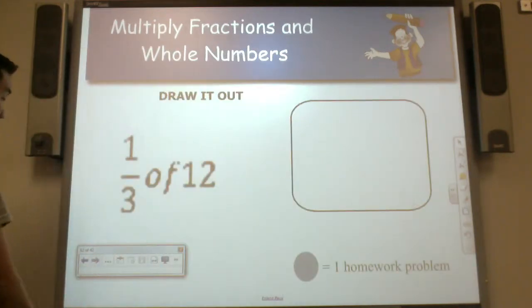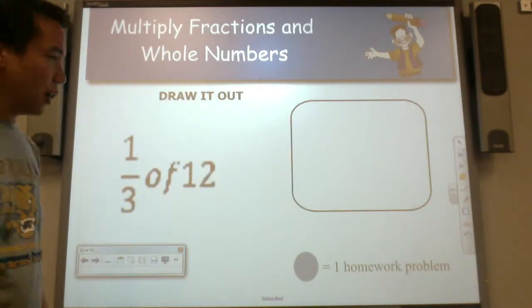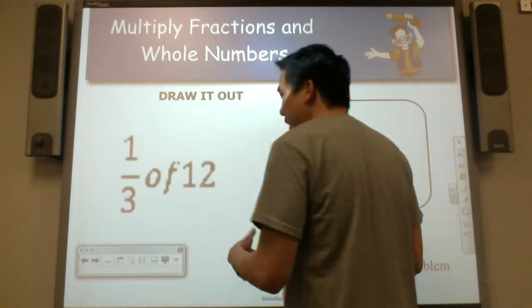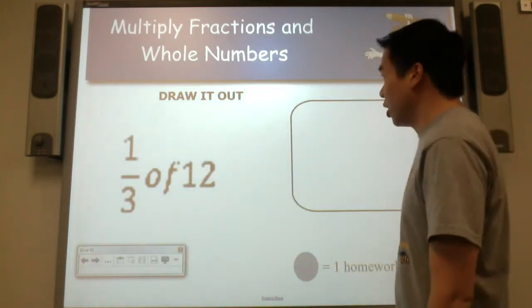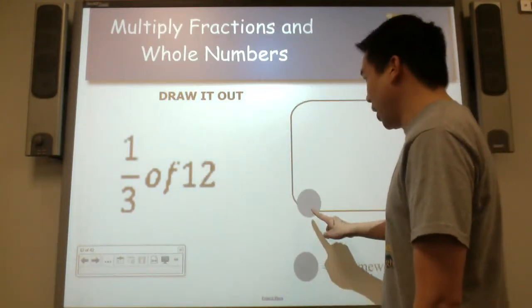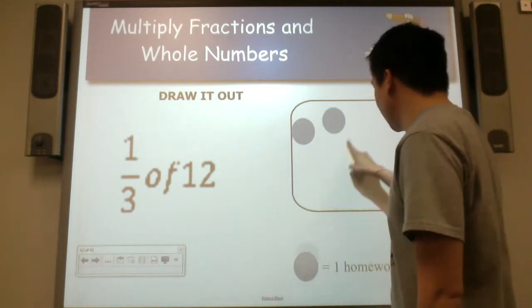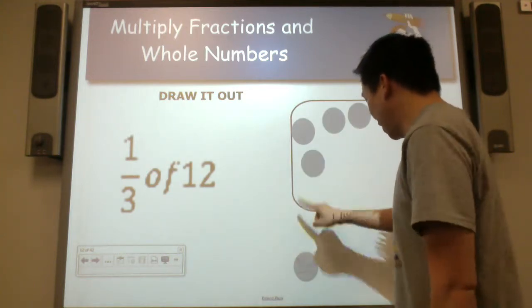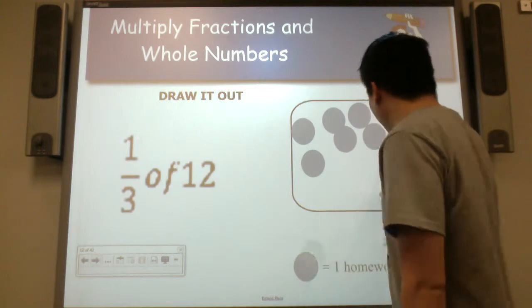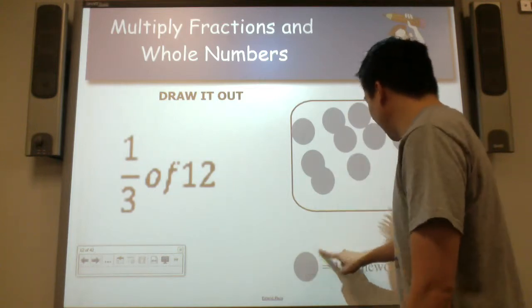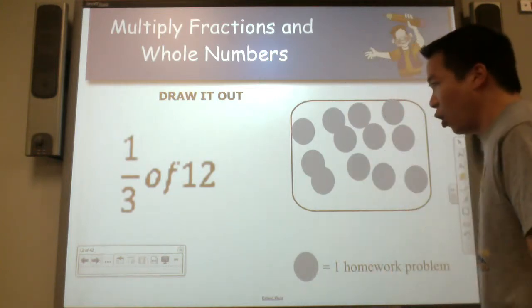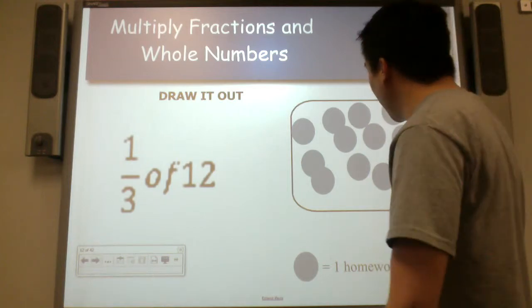So let's do our first example. Let's first do it with modeling, and then we'll use what we just learned. Draw it out. You have 12 pieces. 1, 2, 3, 4, 5, 6, 7, 8, 9, 10, 11, 12. What is 1/3 of 12?